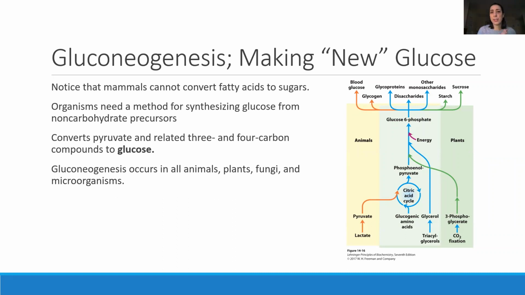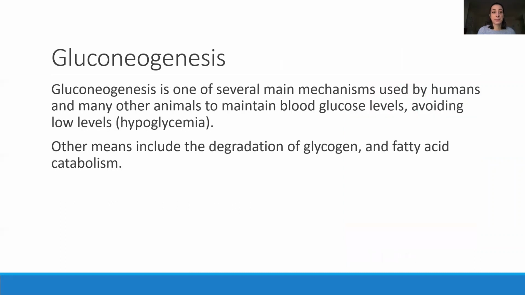So gluconeogenesis is used across the board by animals, plants, fungi, and microorganisms for different reasons. It's one of several mechanisms that humans and other animals use to maintain their blood glucose levels, to help avoid what's called hypoglycemia, or low blood sugar.